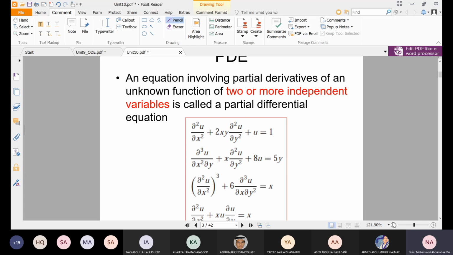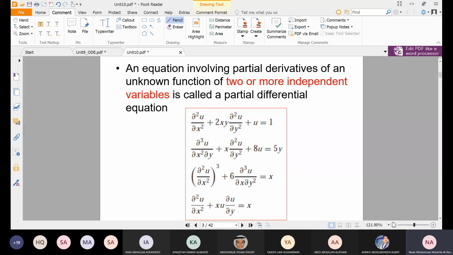For example, here the first equation contains the second derivative of u with respect to x, plus 2xy, and then we have the second derivative of u with respect to y. So here we talk about two independent variables: we have y, and here also we have x.